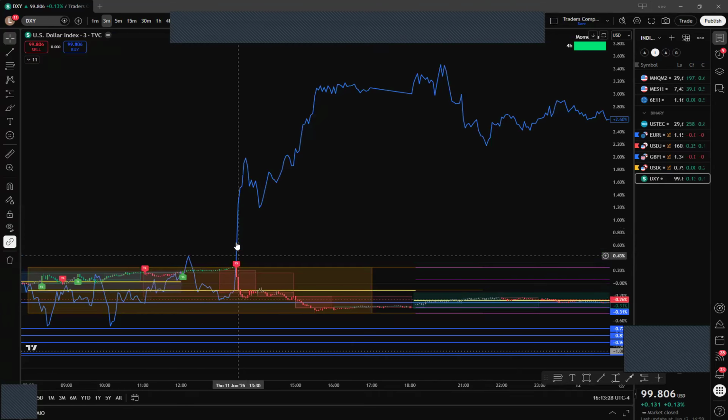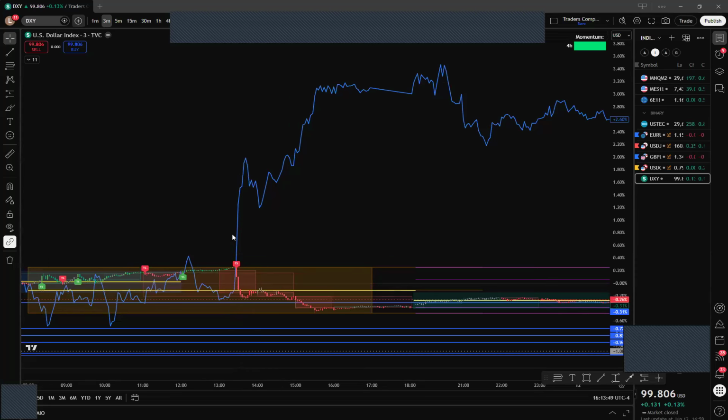You can see this is gold in blue going that way. So we're going long on gold and we're shorting the dollar. Don't forget gold is paired with the US dollar. So if the dollar is dropping that way, this is a clear indication that we're going long on gold.